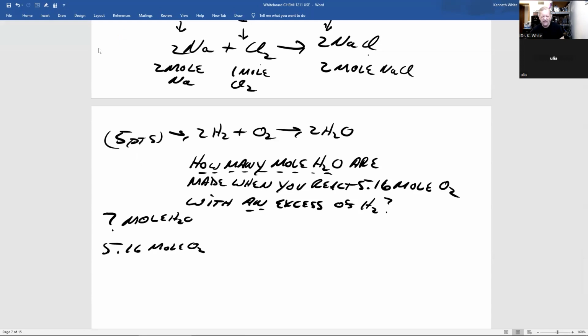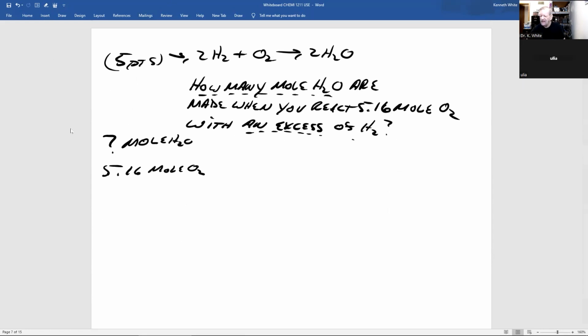Now, whenever you see an excess of another chemical, know what that means? You can forget about it, because that tells you you've got all the hydrogen in the world, so anything the oxygen can react with, it will. So when you see excess of something, that means ignore it.